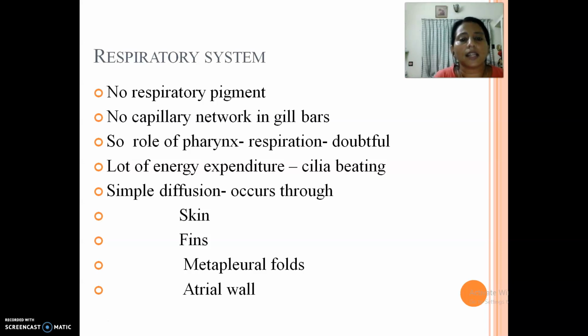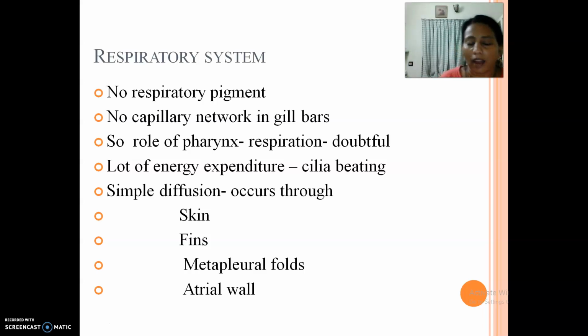In these forms, we see a large pharynx with a lot of gill slits as the main structure in the body of amphioxus. We might suppose it is the main respiratory organ, but it is not, because the pharynx is mainly concerned with the transport and formation of food vacuoles, or food vesicles.